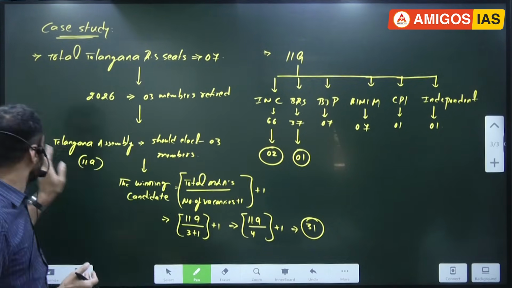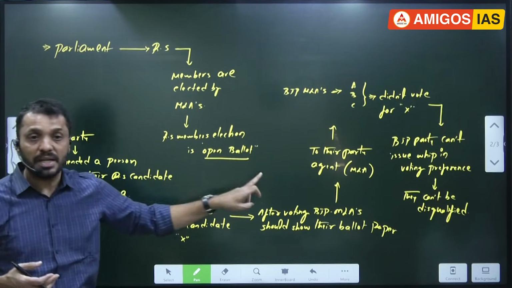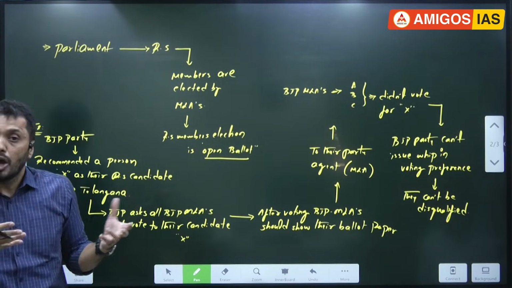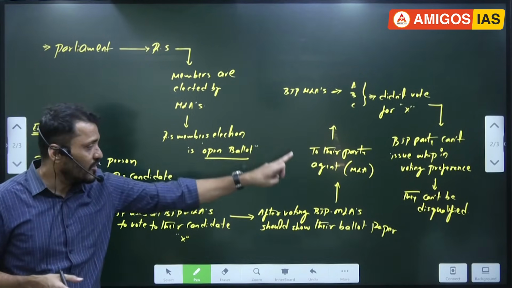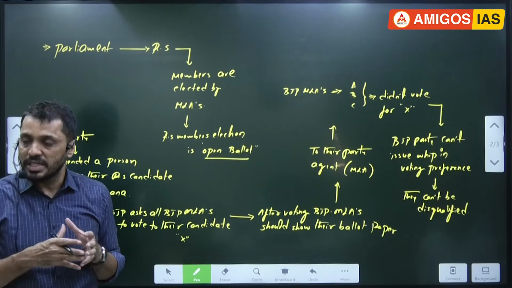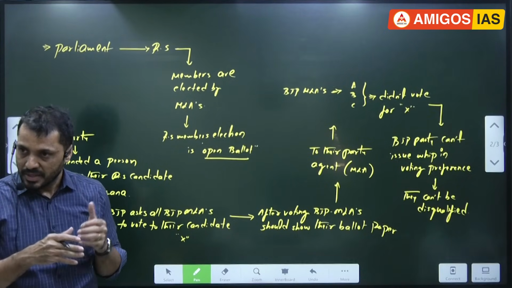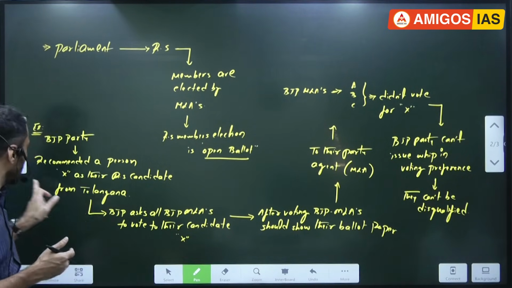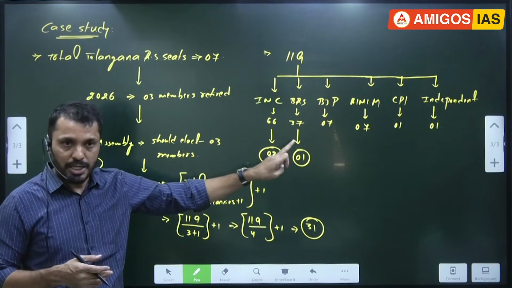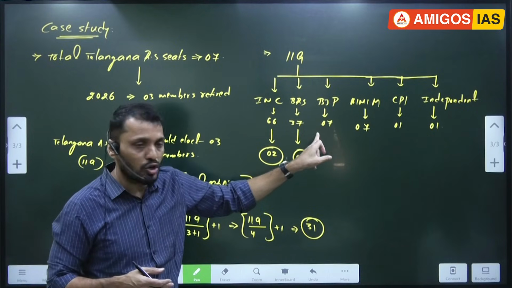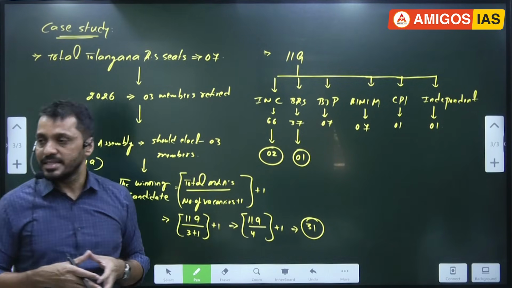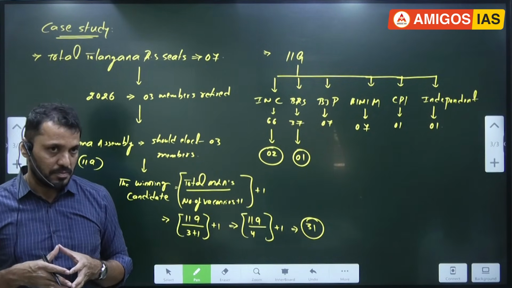In that process, what may happen? They may violate the party orders. Even though they violate the party orders, they will not be disqualified because Schedule 10 is not applicable in the Rajya Sabha election. Even though party orders are not followed by the MLA, they cannot be disqualified. That is what I explained to you.